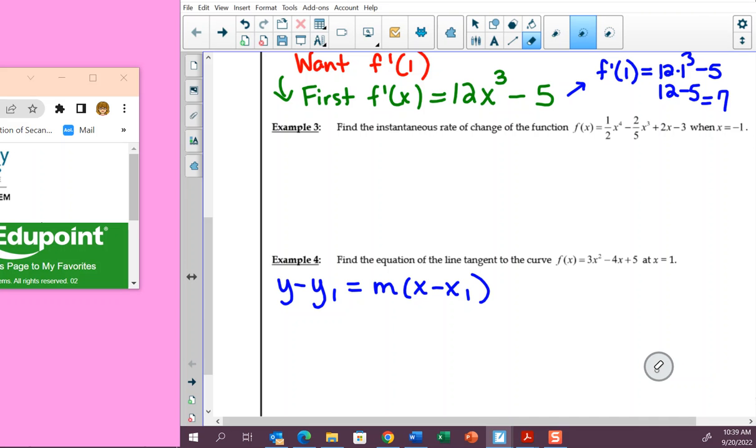Think about power rule of each piece. If I want the derivative of this whole polynomial, that's the fun thing about polynomials. The derivative of the whole polynomial is the derivative of each piece put together.